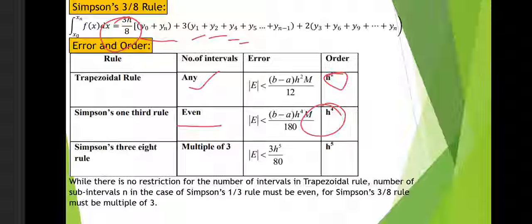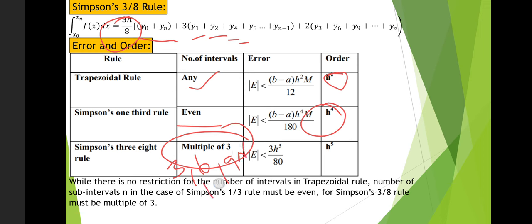In Simpson's 3/8 rule, the number of intervals must be a multiple of 3, that is 3, 6, 9 or 12, and its order is h power 5.